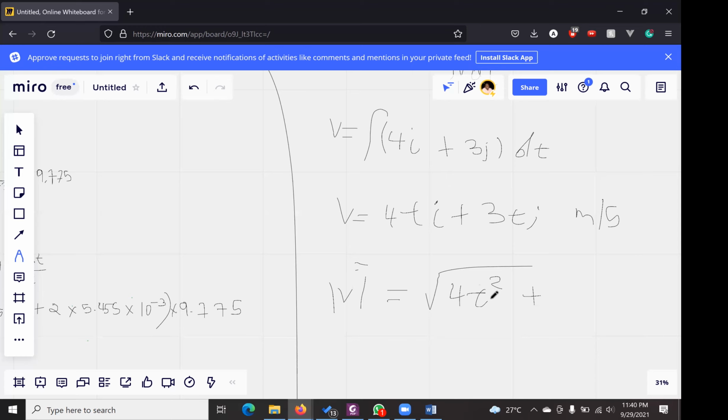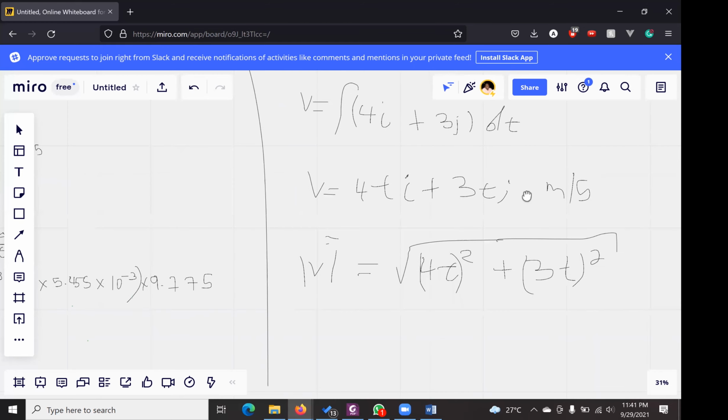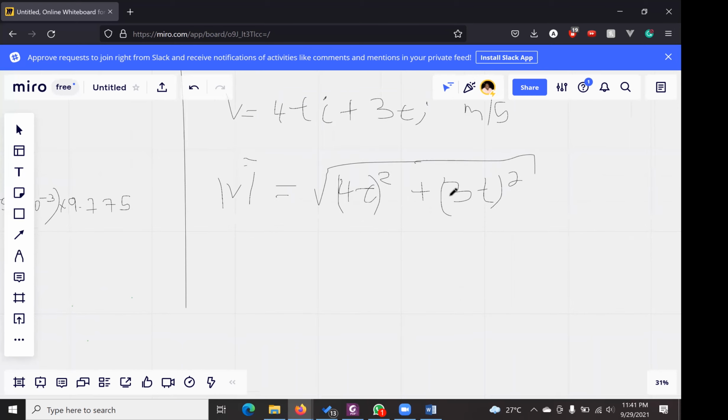By the way, it is not 4t squared, it's (4t) all squared. May I talk from experience? I've made these mistakes. Exam pressure, test pressure, you make some silly mistakes. So it's not 4t squared, it's 4t all squared.